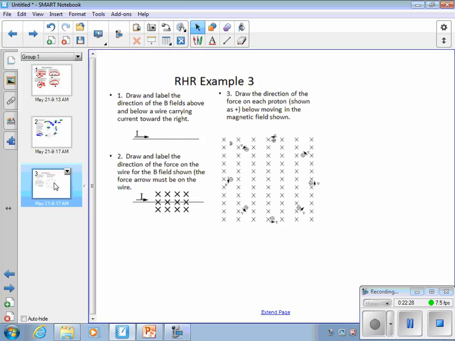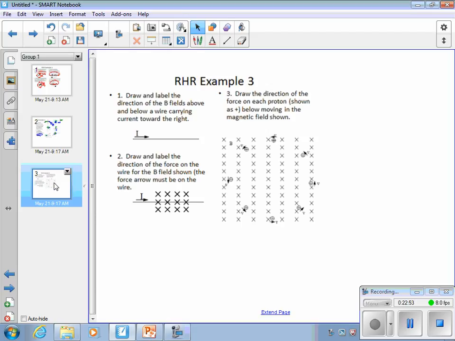And then, draw and label the direction of the magnetic field above and below a wire carrying current toward the right. So, which rule do I use? Curled or open? This is curled. Okay, so how do you know this? Well, it's a wire, but that's not enough.